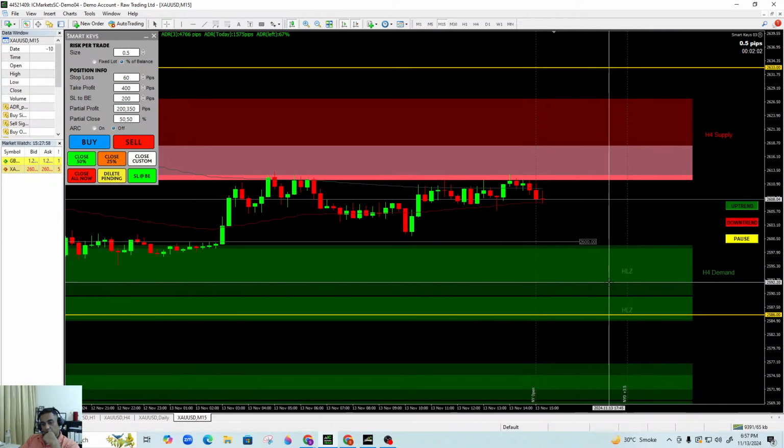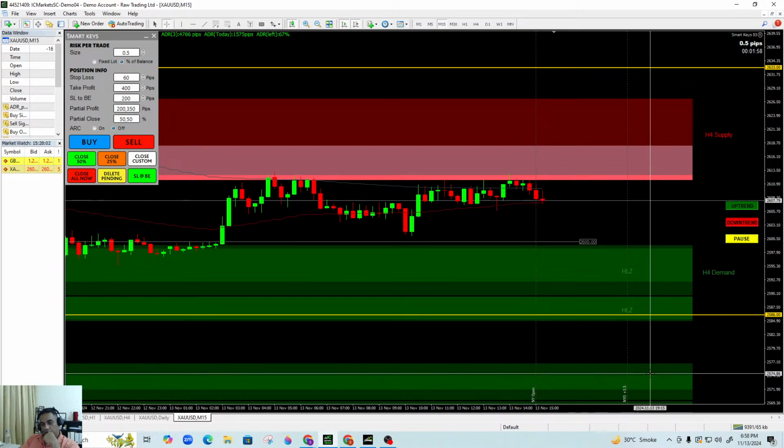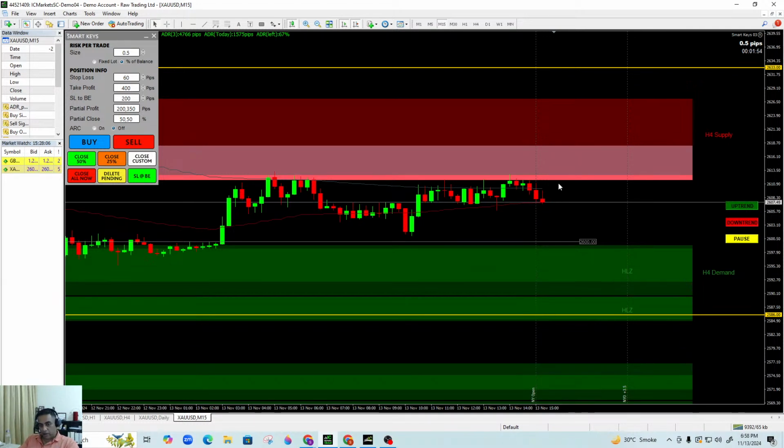If you break this zone, then we're coming to this. If you break this light green area, we're coming down here. Right? So if you break, just wait for the pullback to trade. Wait for at least a 15-minute candle pullback, and then for a 15-minute candle in your direction, for a bearish candle, to take the trade. Because you need to know where your stop loss is going to be.